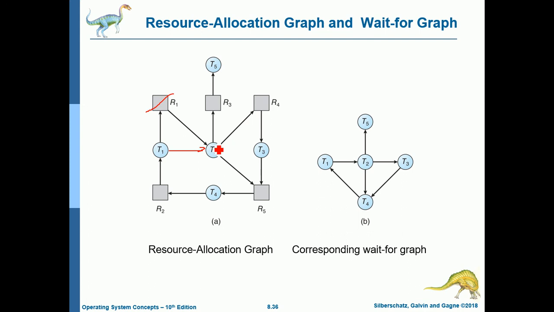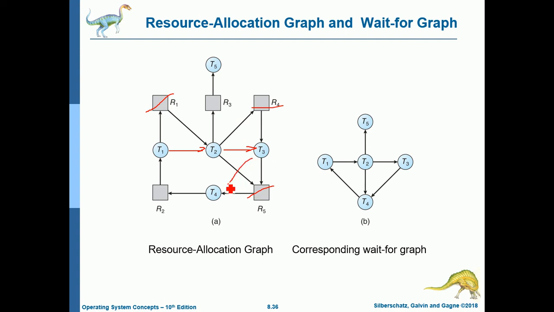And then next is we have T sub 3. So T sub 2 also needs a resource 4 that is held by T sub 3. So just remove resource 4 and then redirect it to T sub 3. And then T sub 3 needs a resource that is held by T sub 4.